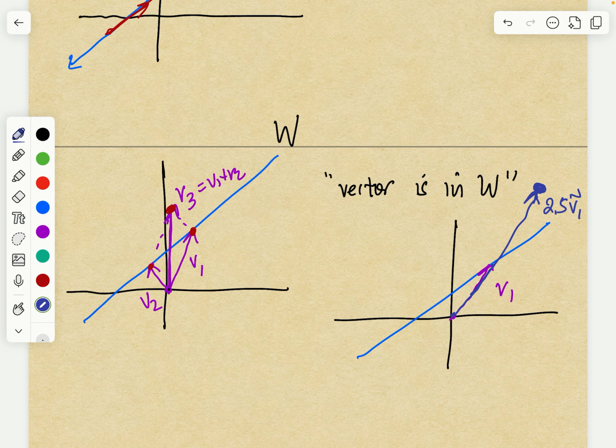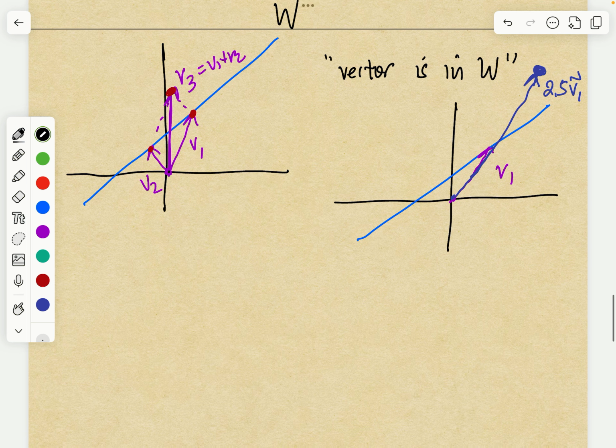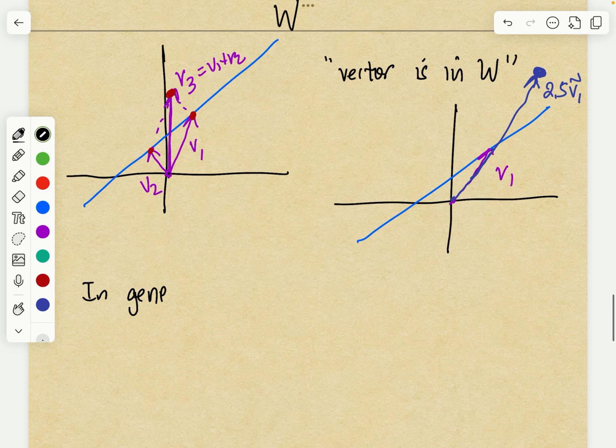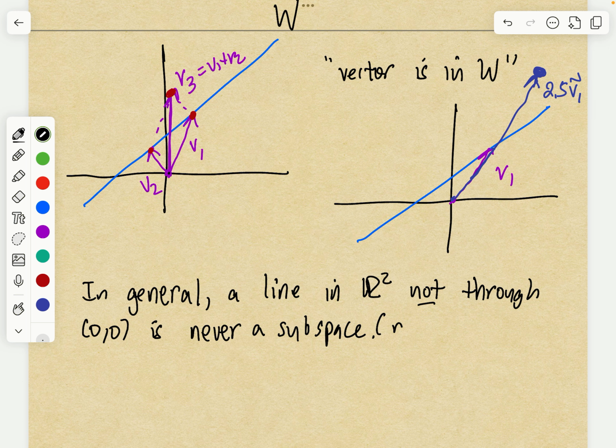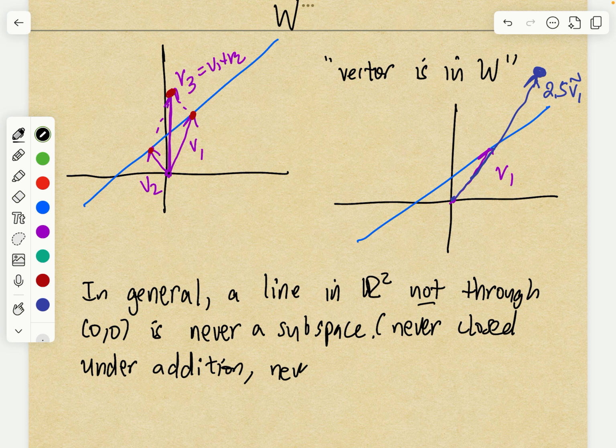And so in general, a line in R2 that does not go through the origin is never a subspace. In fact, it's never closed under vector addition, and it's never closed under scalar multiplication.